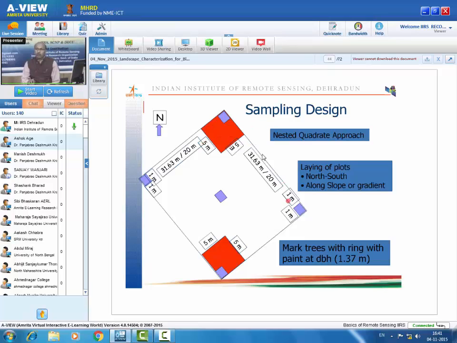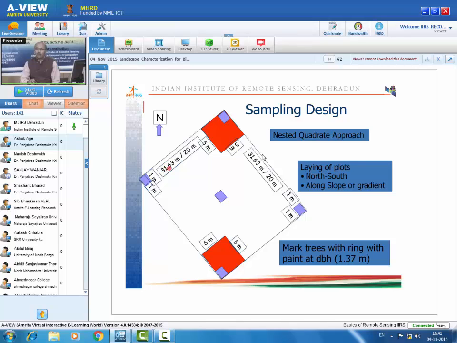This is just to show you how we go to the field and lay sample plots. So the bigger square, you can see, sorry, not rectangle, square, is basically to enumerate the tree species. The red one, you can see, is a 5 meter by 5 meter plot for sampling or enumerating the shrub species. And you can see the cyan color, or let us say light blue color. These are 1 meter by 1 meter sample plots for enumerating the herbaceous plants.